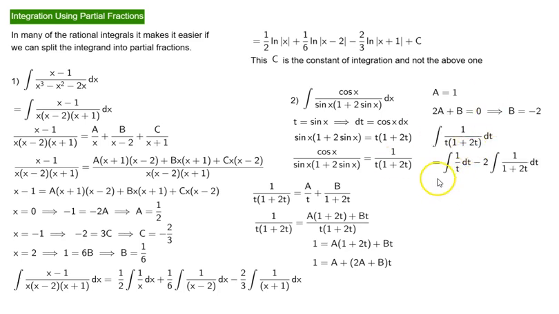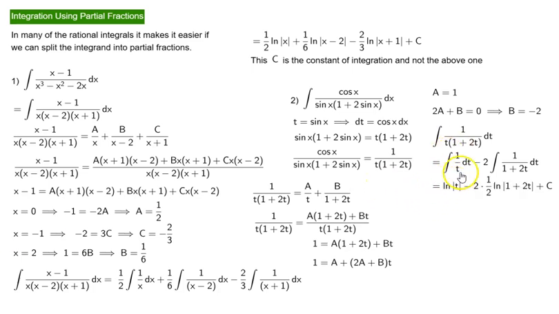So now the integral of 1 by t times (1 plus 2t) dt is equal to the integral of 1 by t dt, because a is 1, minus 2 times the integral of 1 by (1 plus 2t) dt. Again, we know the integrals.